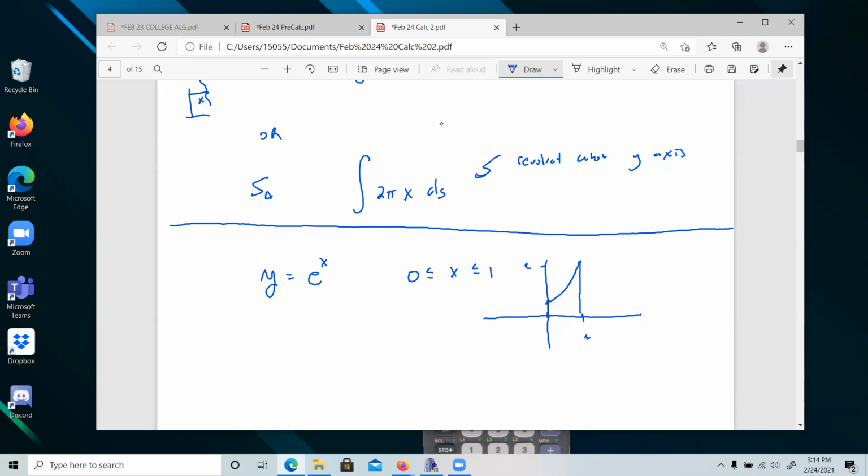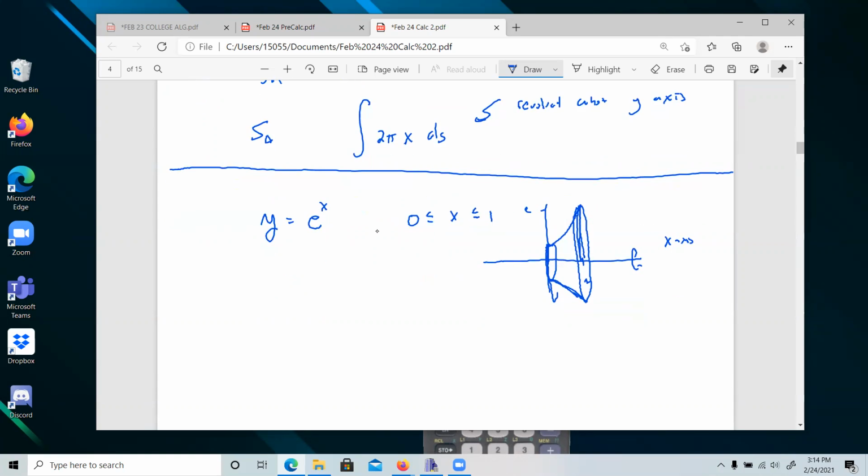So the idea here is we're going to take this piece here and we are just going to rotate it about the x-axis. Okay. And I would like to figure out the area of this cup, okay, sort of thing.